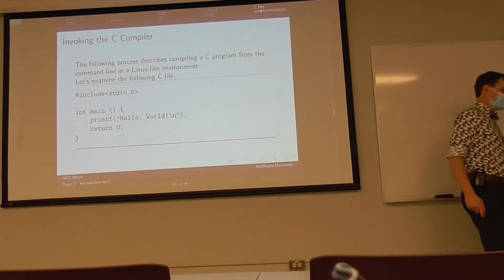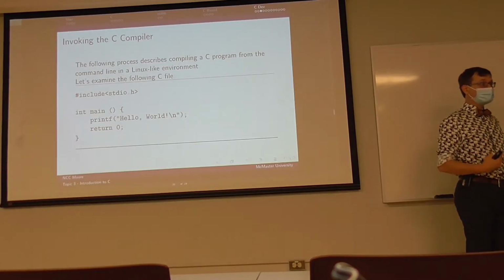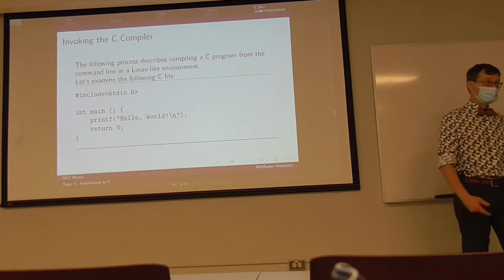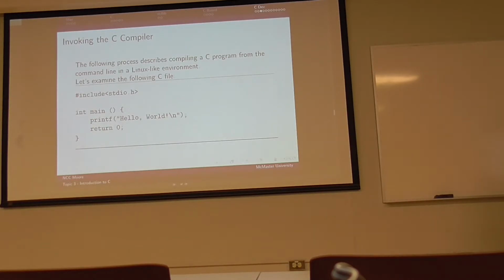But the data types are there mostly for your benefit, not the compiler. The compiler in C is a very fickle creature. It will do what you asked it, no matter whether that makes sense or not. So anyway, when you declare a function, you must declare it with a return type. If you do not want the function to return anything, you declare it with a void type, V-O-I-D.